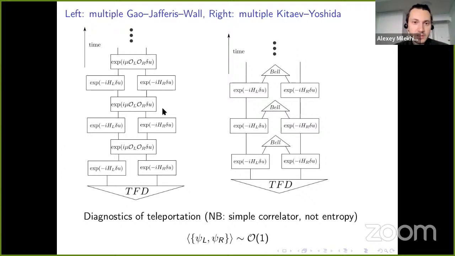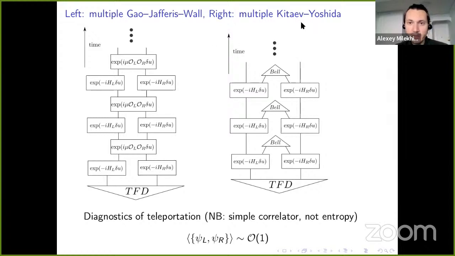And one of such protocols is Gao-Jafferis-Wall. It is in some sense simple: let's just add an extra interaction between the two sides. So they evolve independently with two Hamiltonians, but I also add an extra term in the Hamiltonian which couples the two sides. Okay, so the evolution is in fact unitary.